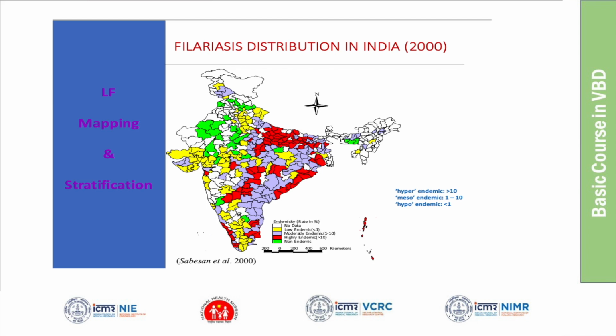Like we have classification for other diseases, but until 2000 we had no classification. For the first time, we classified the areas into 3 categories: hyperendemic, where the endemic level is above 10%, mesoendemic, 1 to 10%, and hypoendemic, below 1%. This was the classification we made while making the spatial distribution map for filariasis in India.